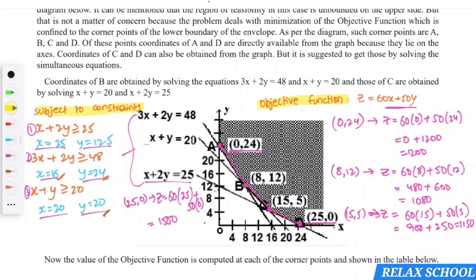So if you look at all the answers, for coordinate 1 it was 1200, for second coordinate it was 1080, for third coordinate it was 1150, and for the fourth coordinate it was 1500. So what was the least among all of this? It would be 8, 12. Right? So for the decision variable x, it would be 8, and for the decision variable y, it would be 12.